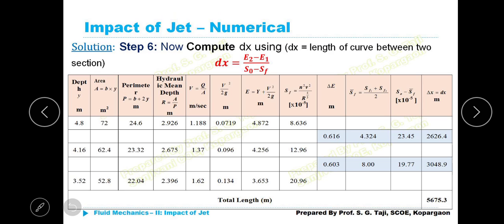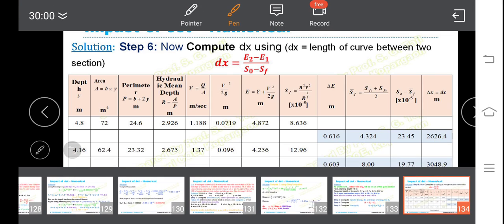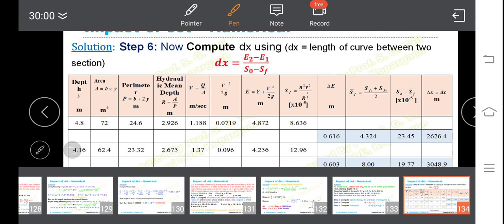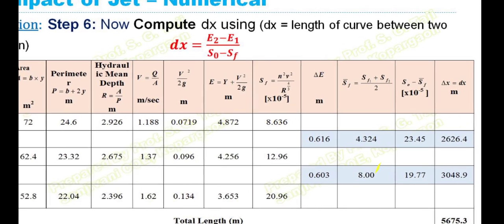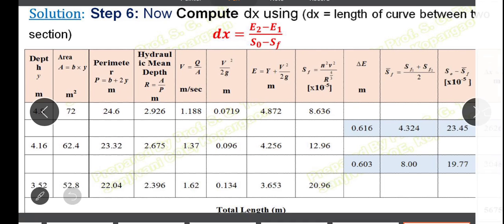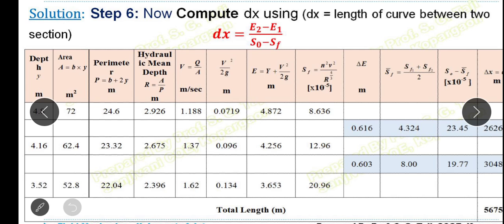Now dx is equal to delta E divided by S0 minus SF bar. SF bar is nothing but the average value. Now the tabular column is like this. First of all, you have to calculate. Let me zoom this. Now depth, we know 4.8 first one, second one 4.16, third one 3.52.